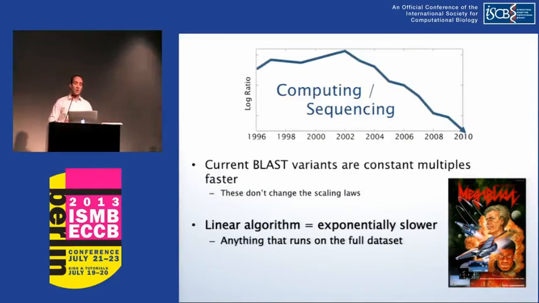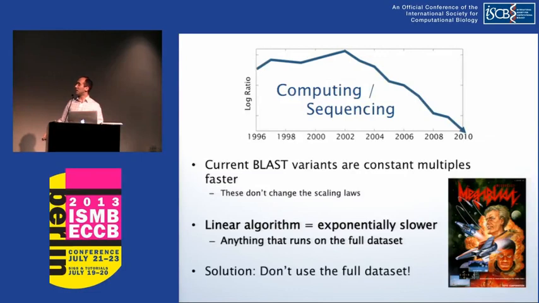And so how do we get around this problem of, if we look at all our data, we can't do this in finite time? Well, the trick is, of course, to not use the full data set.